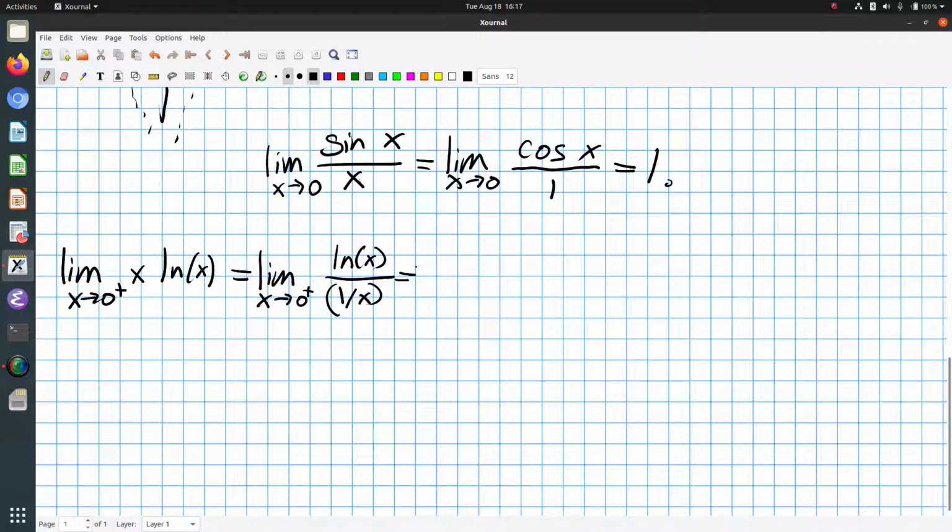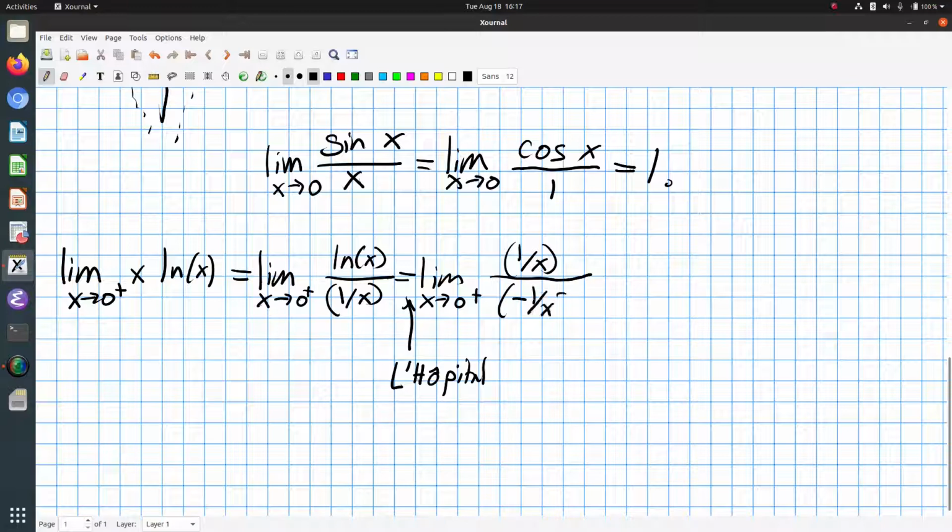All right, so moving along. Let's take the derivative of the numerator and the denominator. The derivative of the numerator is 1 over x, because the derivative of natural log is 1 over x. The derivative of the denominator is minus 1 over x squared. Okay, this is a ratio of two polynomials, so we should be able to sort this out.